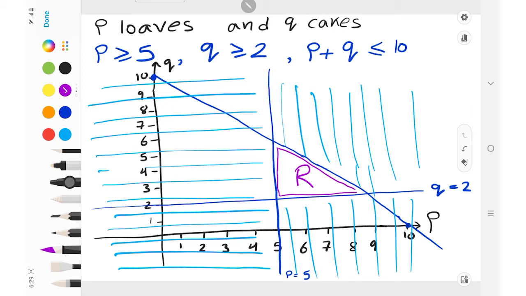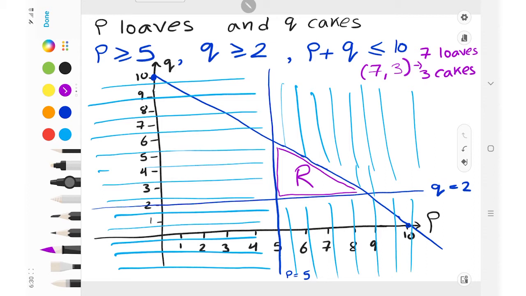So my answer will be, for example, 7 and 3. The point 7, 3 is my answer, which means 7 loaves and 3 cakes.